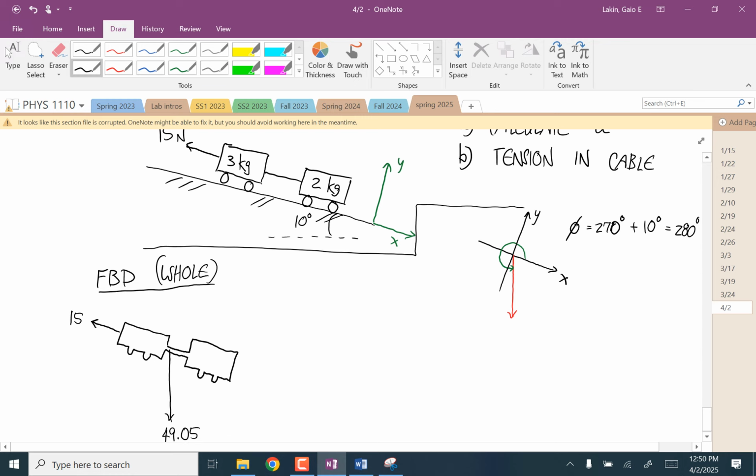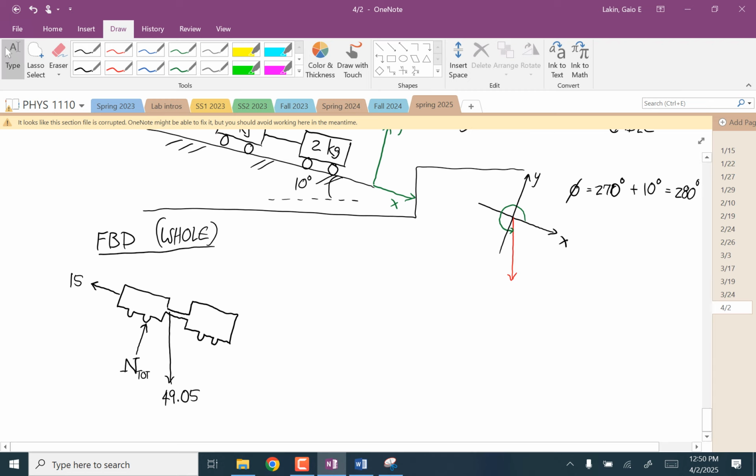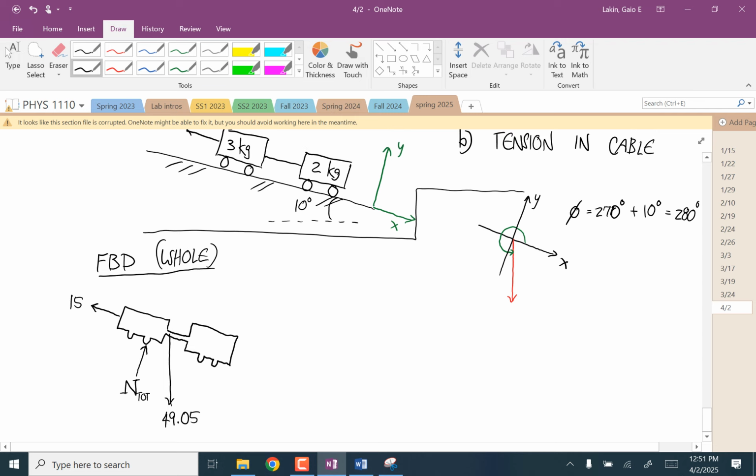So I'm just going to lump it all into one spot, and I'm going to say this is the normal force total. And we don't have to worry about that cable tension because all of the stuff with that cable is inside our system.